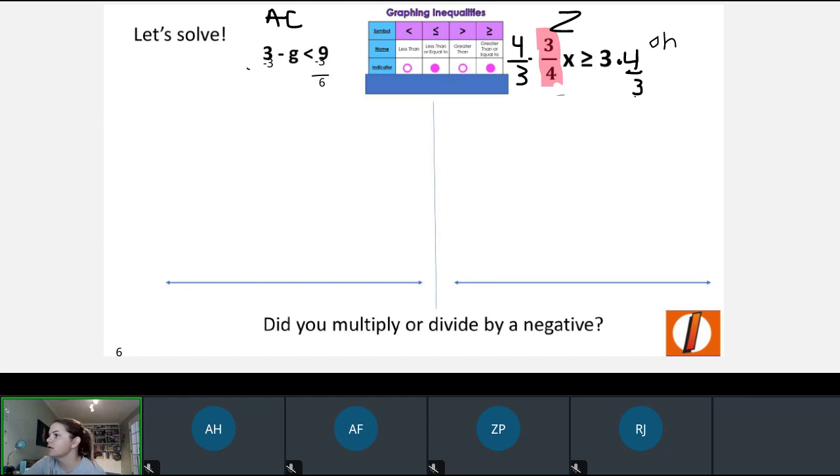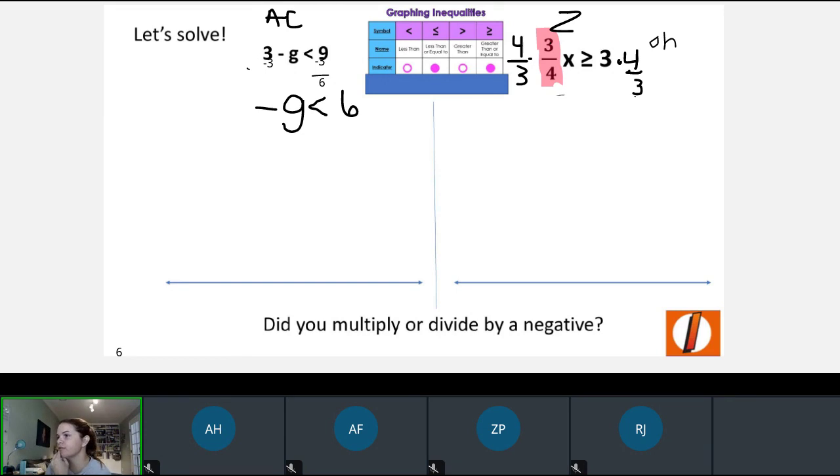Okay, good. Adrena, you're doing a good job. So now you subtracted 3 from both sides. So you've got -g is less than 6. But remember, we don't want to have -g or any negative variable. So we want to go ahead and get rid of that negative. So we're going to go ahead and divide by a -1 on both sides.